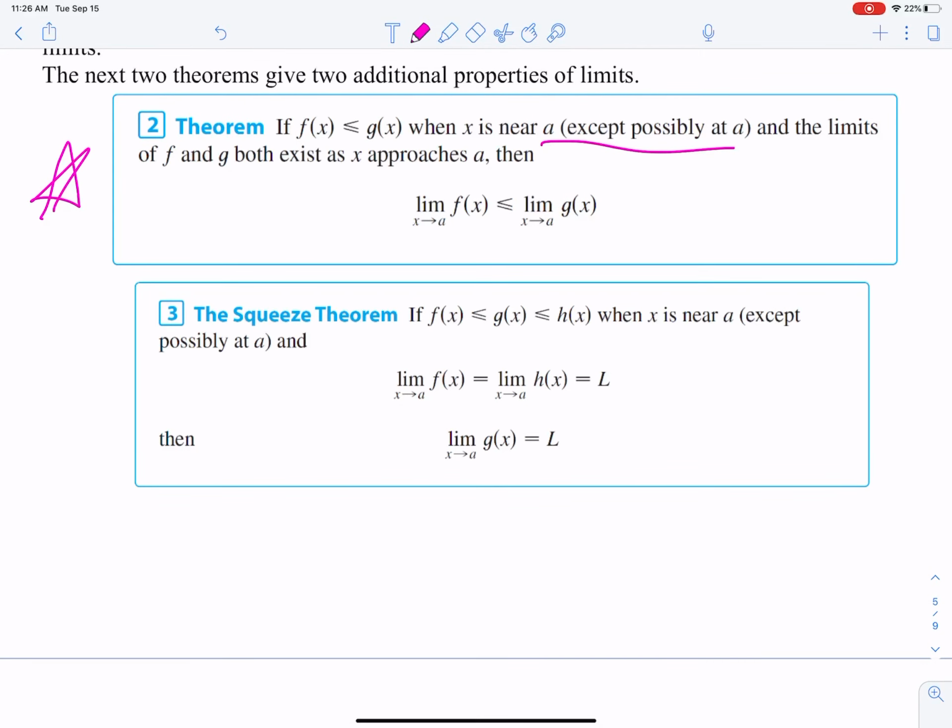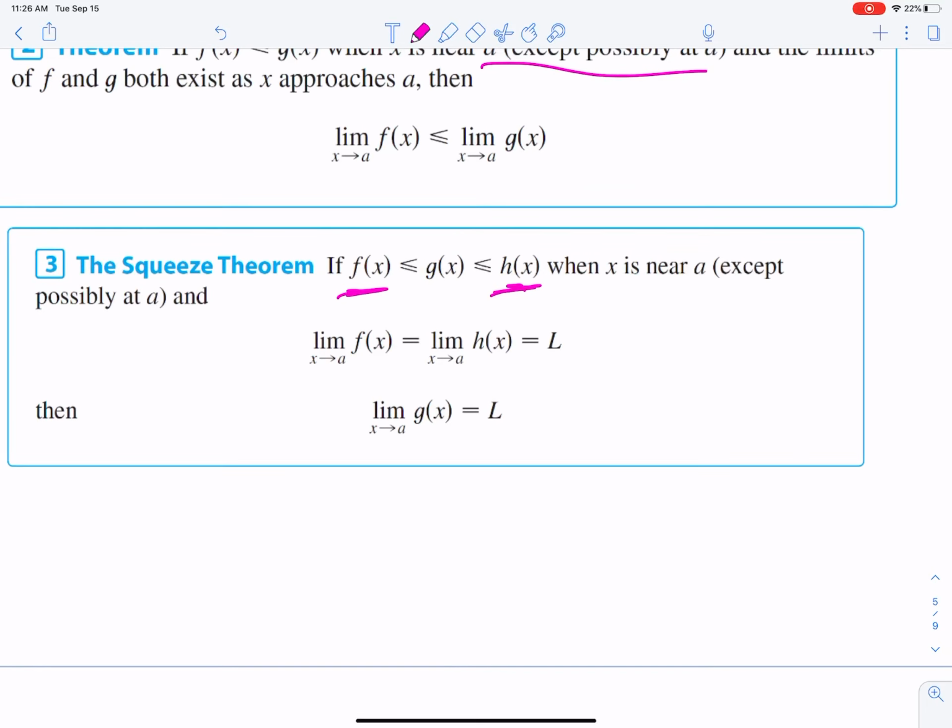If f of x is less than or equal to g of x, which is less than or equal to h of x, when x is near a except possibly at a, and the limits for f and h, in other words the two outer functions, are equal to L, that means the guy in the middle, g, his limit at a is also L. In other words, that limit gets squeezed in between. It has nowhere else to go.